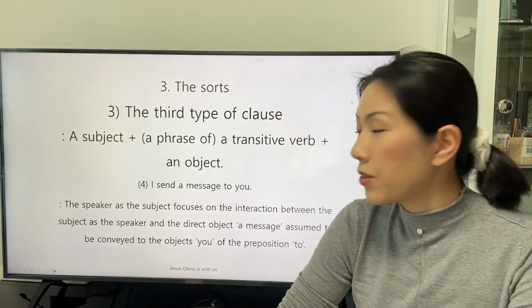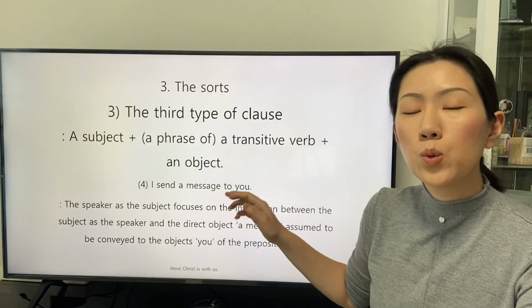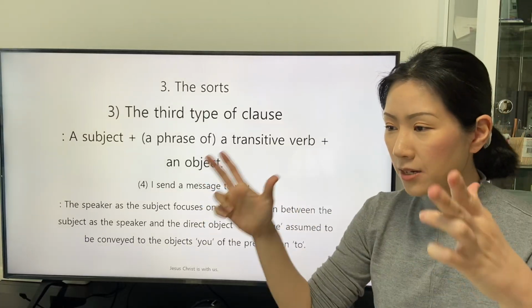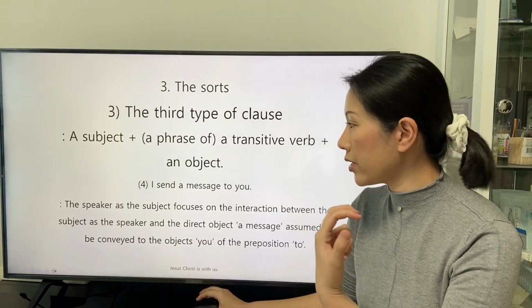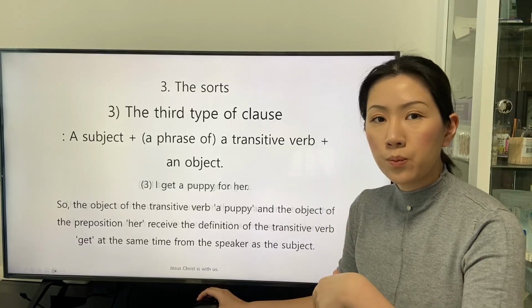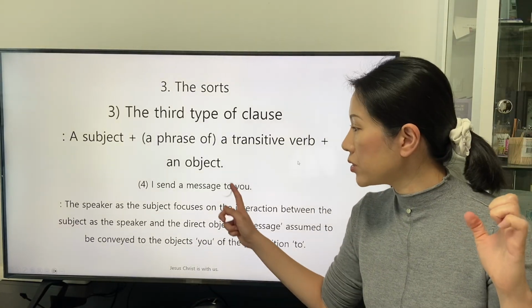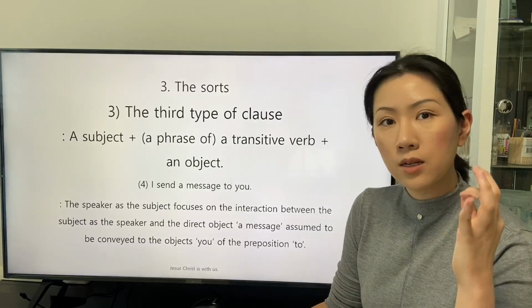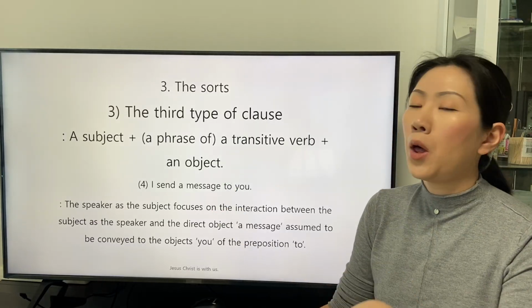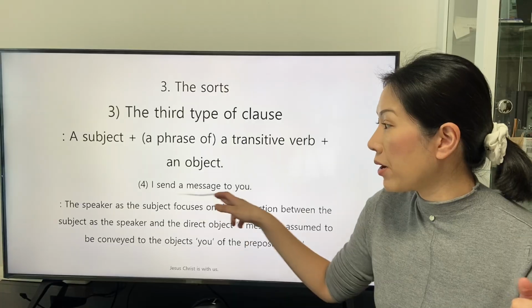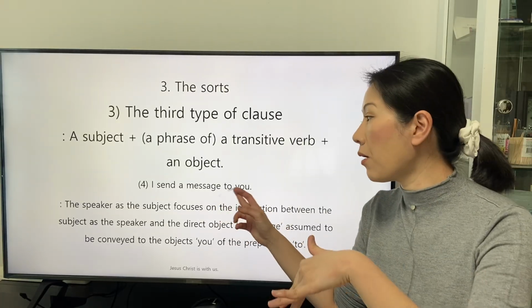There is the fourth example that has the same form as the third example, but there is a difference. The preposition to is applied to mediate the relationship between the direct object and the indirect object.